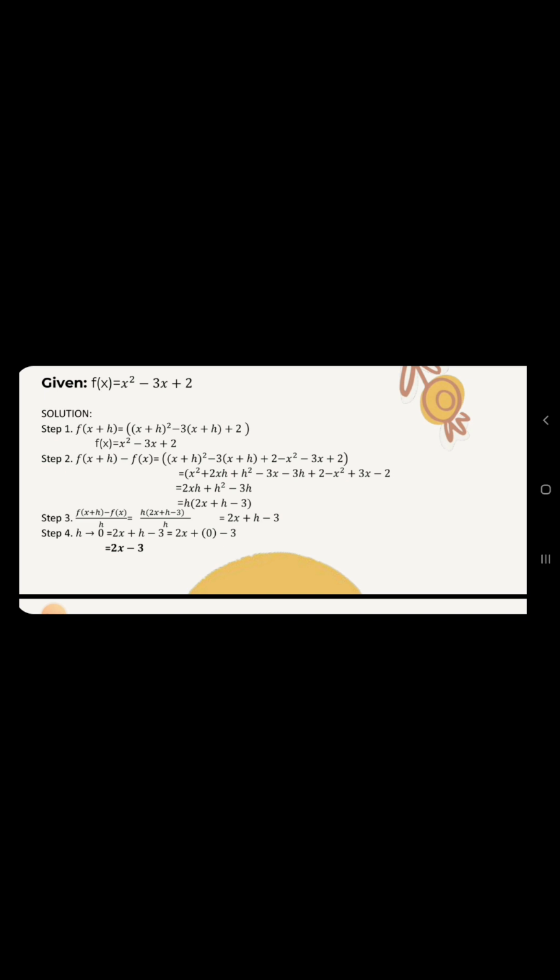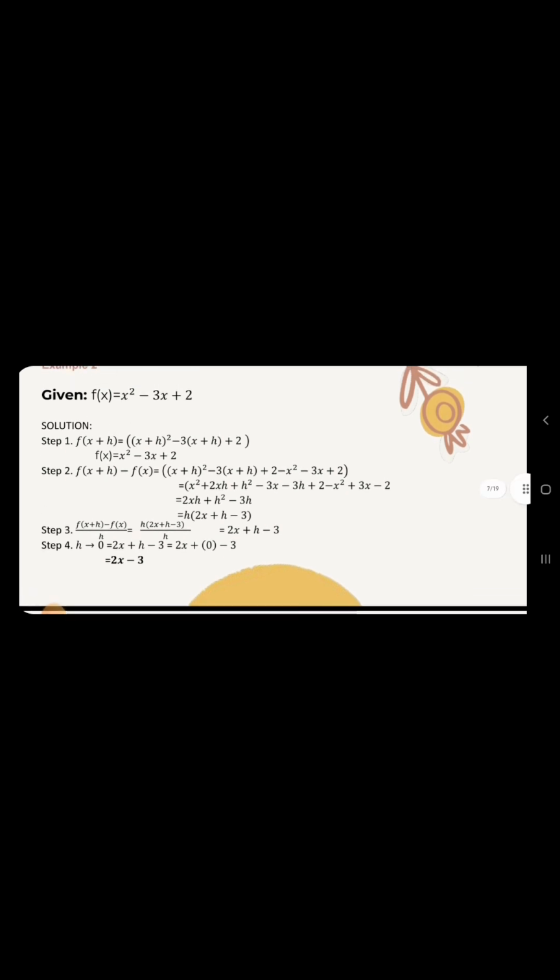So step 4: as h approaches 0, 2x plus h minus 3 is equal to 2x plus 0 minus 3. So the answer is 2x minus 3. So that would be all. Thank you for watching.